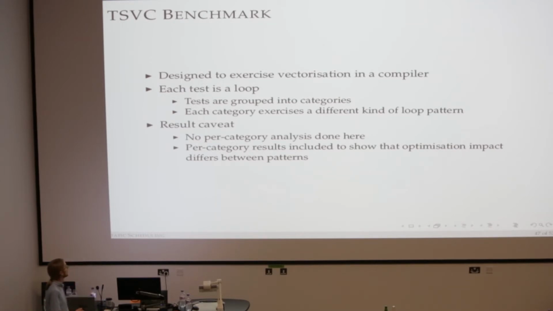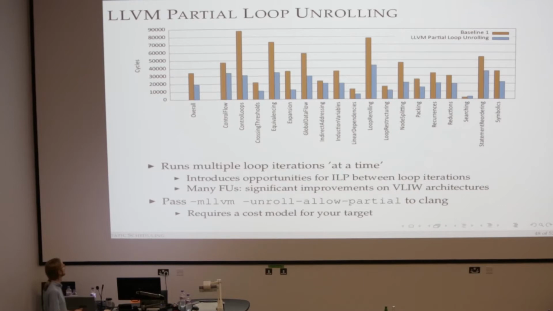So the first optimization that you really want to do is partial loop unrolling. This is already present in LLVM, but for some reason it's not enabled by default. So you really want to pass these options to LLVM. And in order to use it, you need a cost model, as Erkan explained before. I'm sure you know what loop unrolling does: it expands a loop body into multiple copies, and what this does for a VLIW architecture is introduce some opportunities to move things around and hopefully fill the units better.